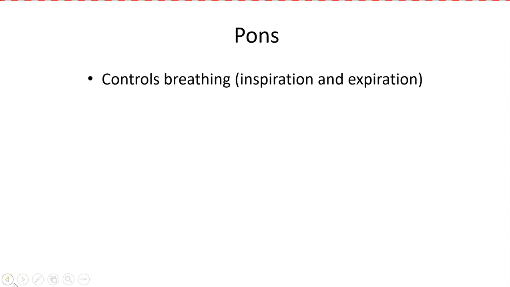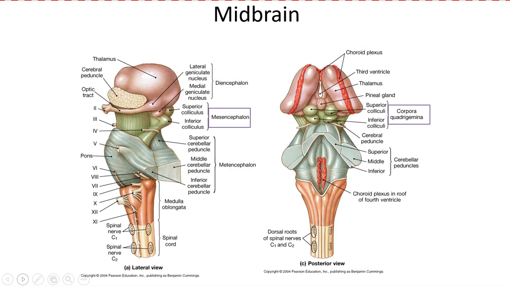The pons controls breathing. And the midbrain is actually an area here that includes these four little bumps called the corpora quadrigemina, and it's a reflex control center. So things like blinking, for instance, are routed through that midbrain.